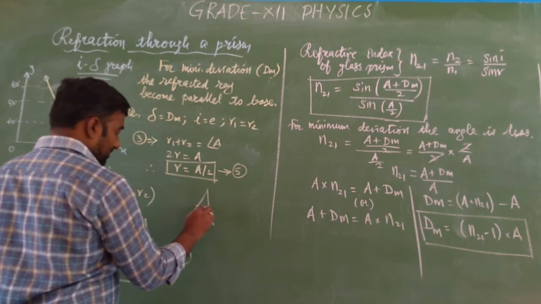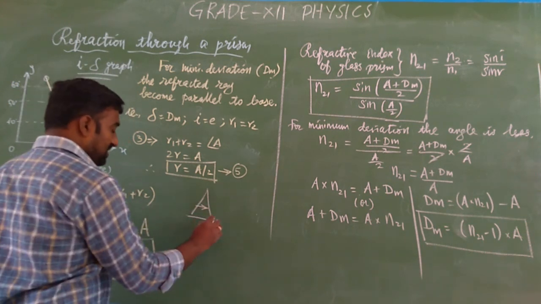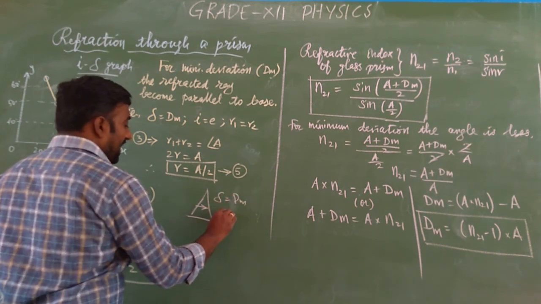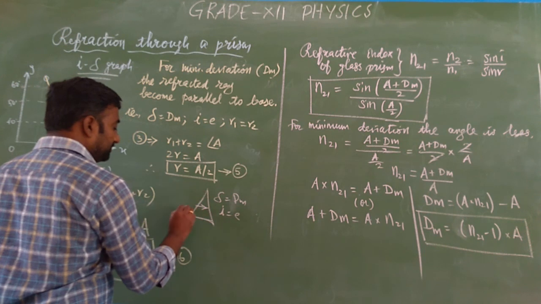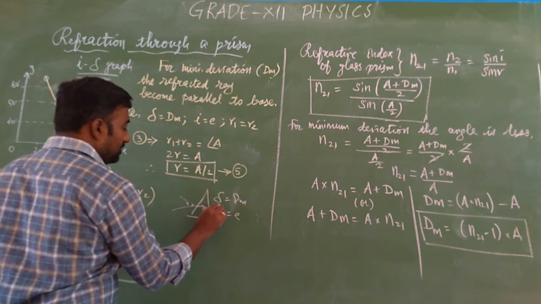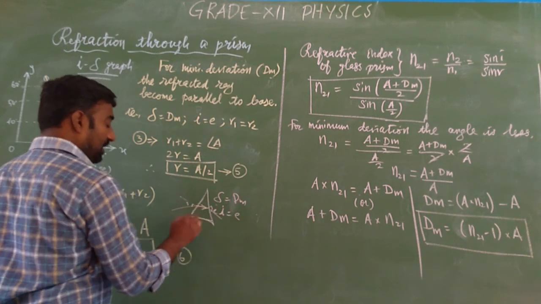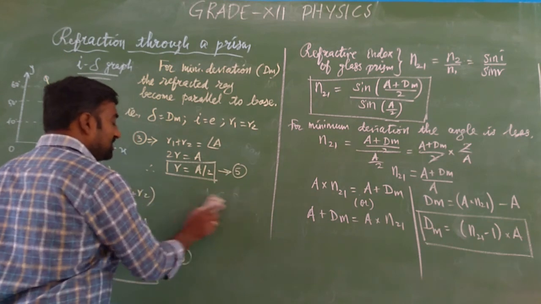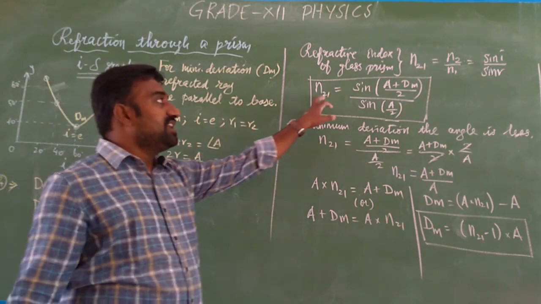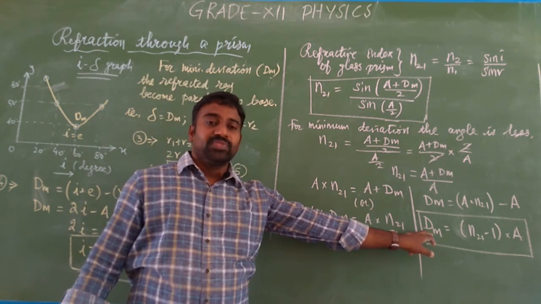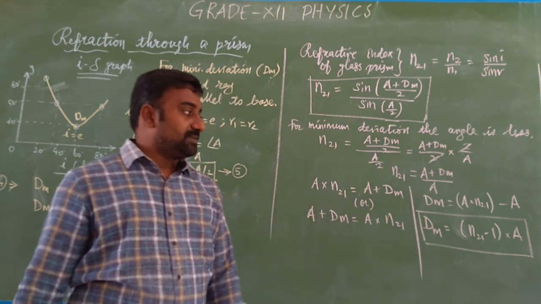In this condition, delta we can take as dm, and the angle of incidence should be equal to the angle of emergence. Then putting in this value, we can determine the refractive index of the glass prism, and also we can find the minimum deviation of the glass prism.